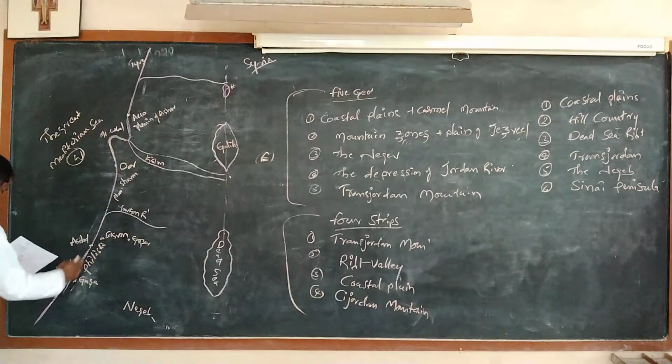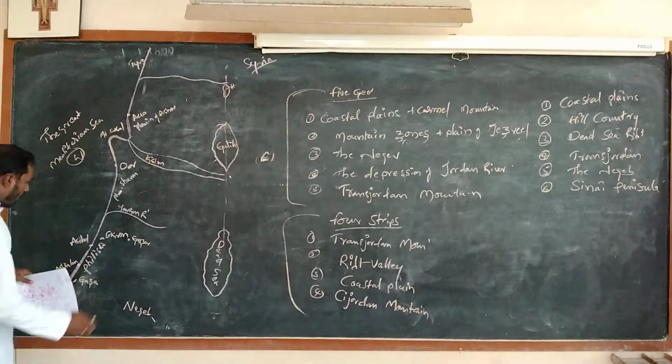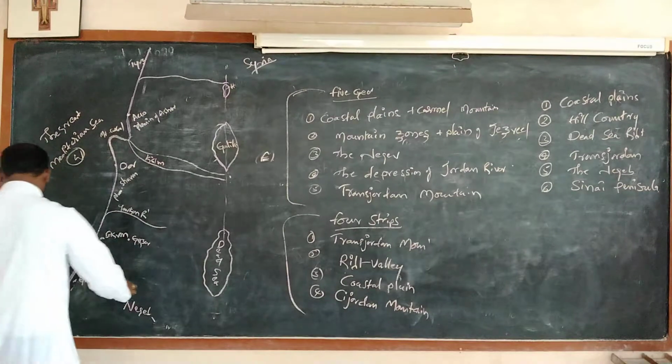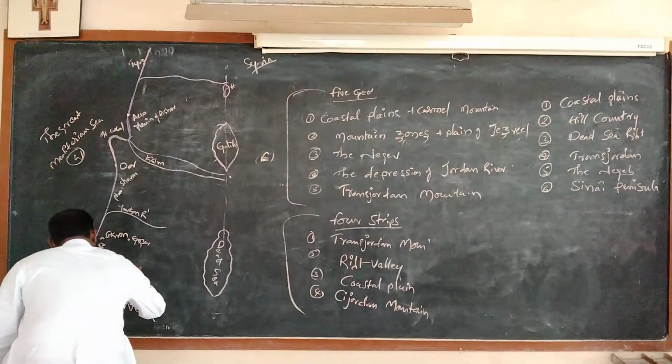These are the Pentapolis, 5 cities, Philistia. Then we have Shafla. Here is Shafla.